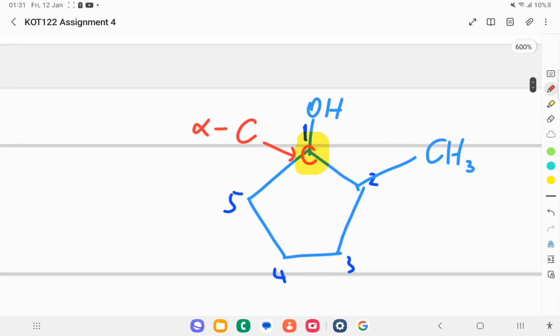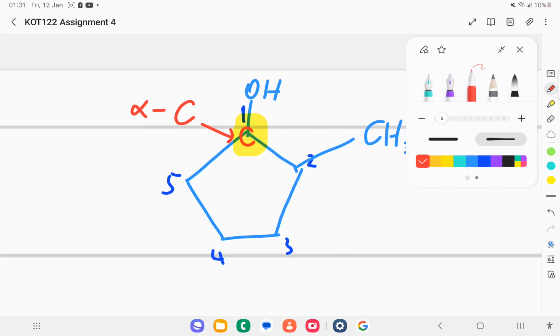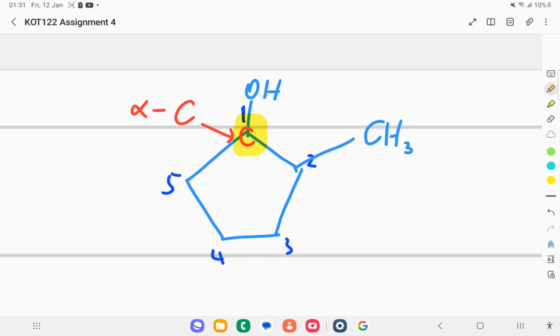The hydrogen attached to it is the alpha hydrogen. Next, the carbon atoms that are bonded to the alpha carbon are beta carbons.